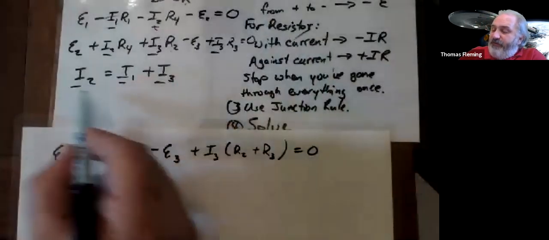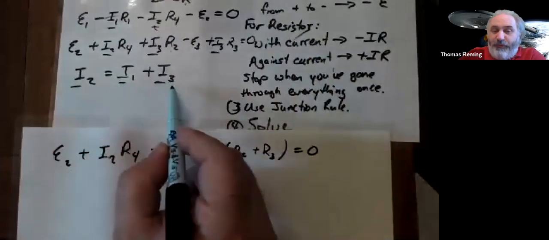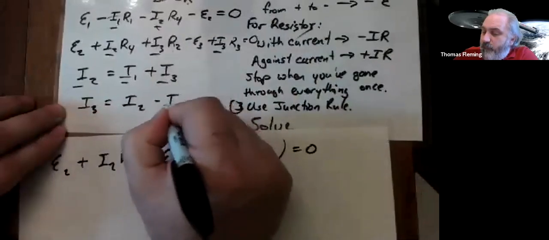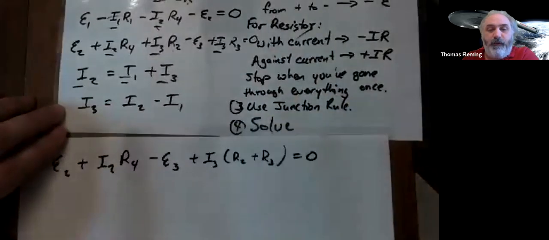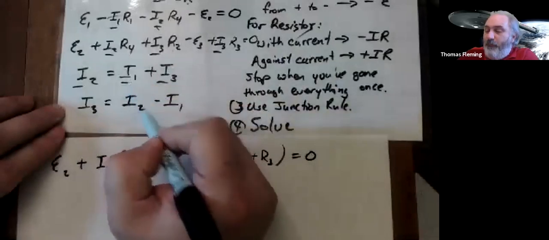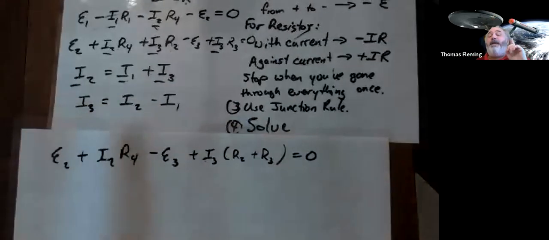Now, according to this, I2 equals I1 plus I3, but that implies that I3 is going to equal I2 minus I1. Well, look, I want to get I3 by itself, right? I'm going to subtract I1 from both sides. So it'll be I2 minus I1. You've got to be super careful with your minus signs. It will mess you up.